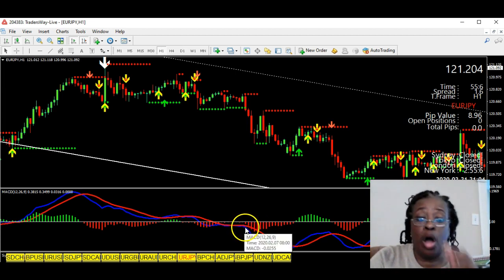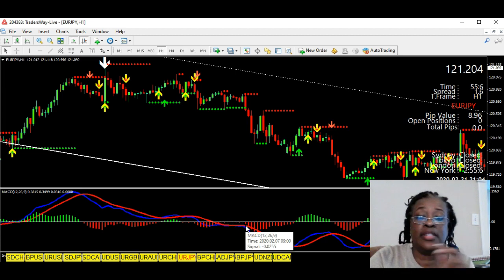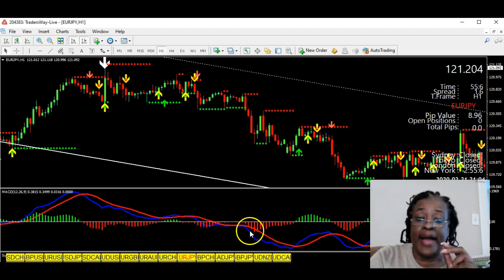But as long as you stay in the sale, as long as your red line is above your blue. Now we've gone into seller's territory right here. Once we crossed over, we are in seller's territory. We got a little consolidation here, okay, that happens.